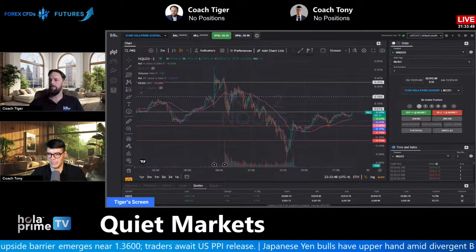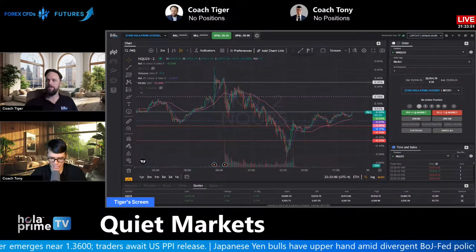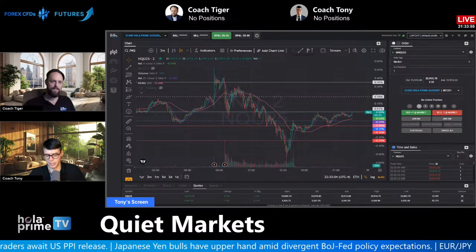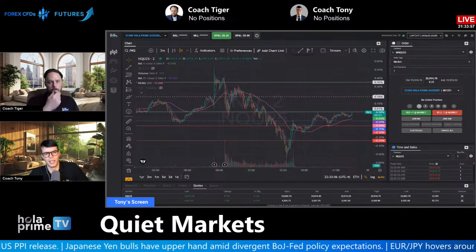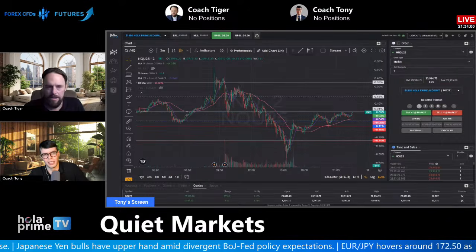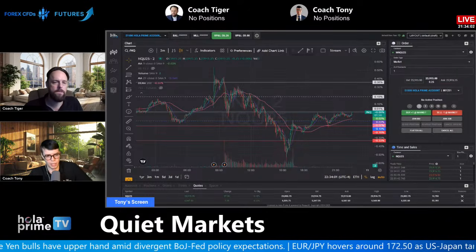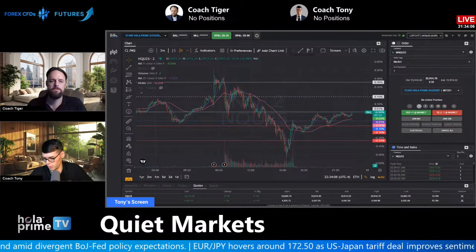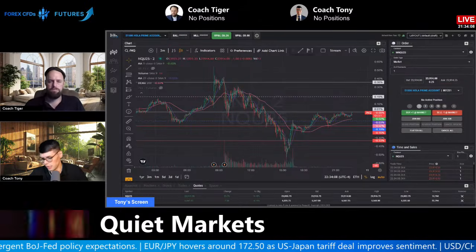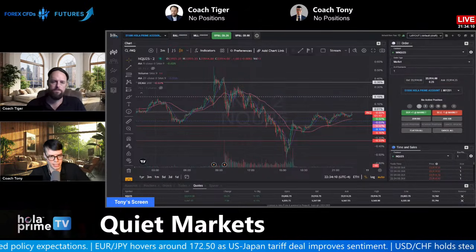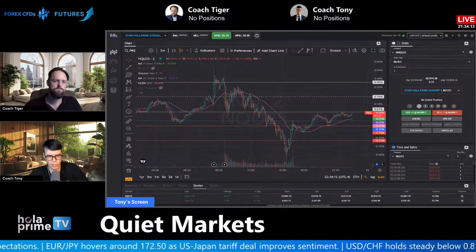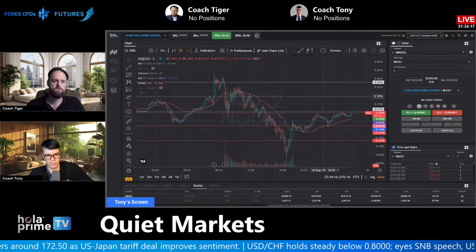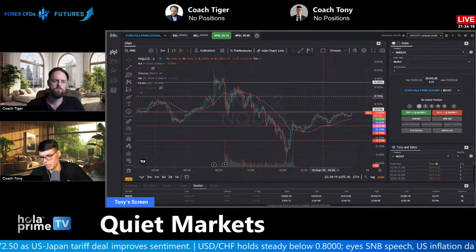It's literally one of those things where you either got to do it or you don't. But as algorithmic and computer driven as the market seemingly is, it's also very human. You can't forget these levels, say a round number or multi-month resistance or support.